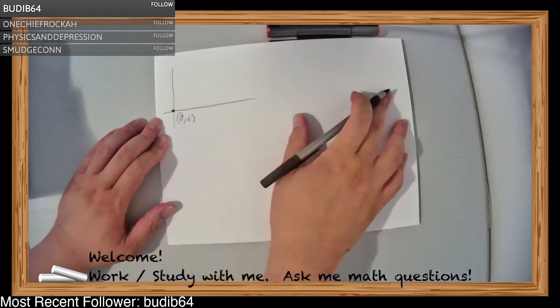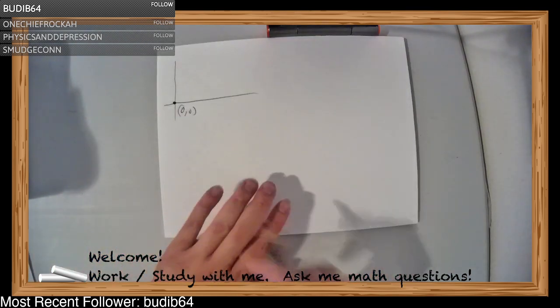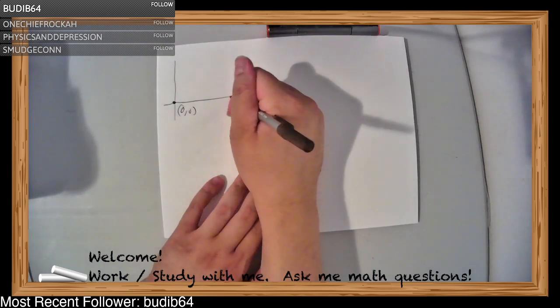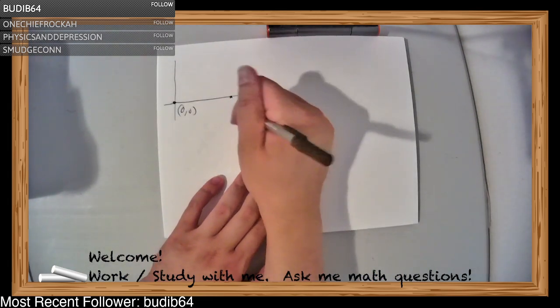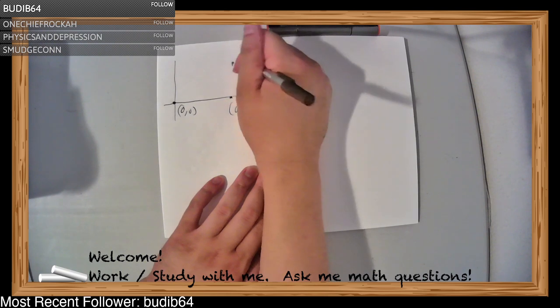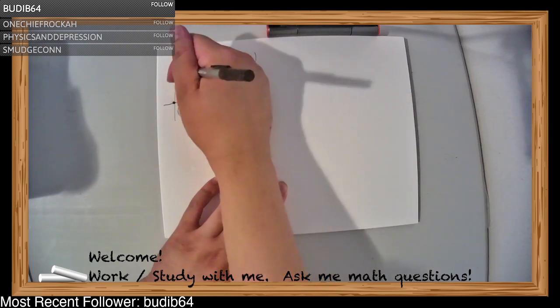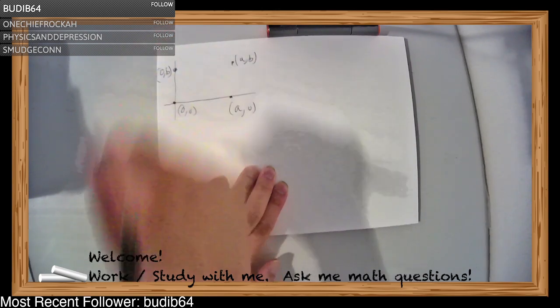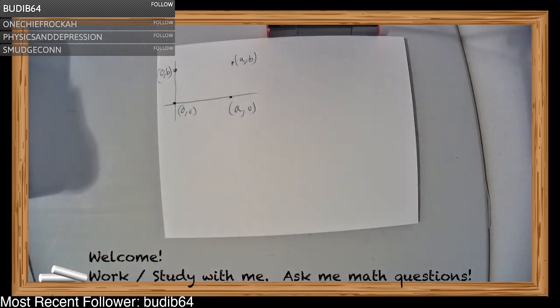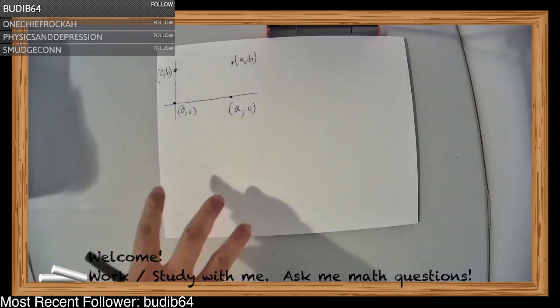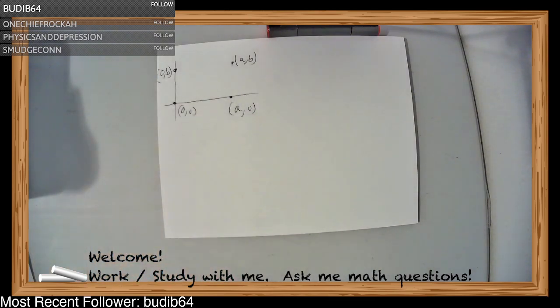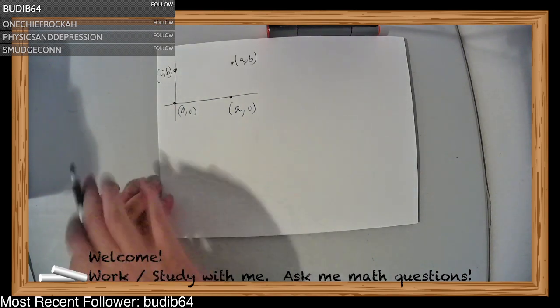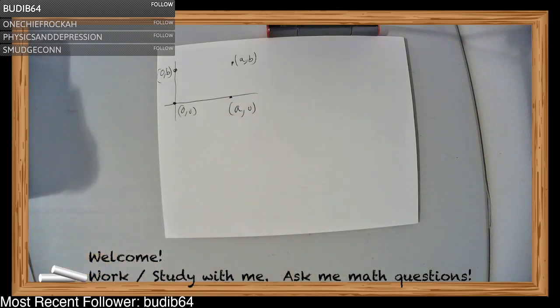This point here is A, 0. This point up here is A, B. And this point over here is 0, B. You can take any rectangle and transform it to position it in this way. That's what I claim. I don't want to prove that, but I think we can just agree on that, hopefully.